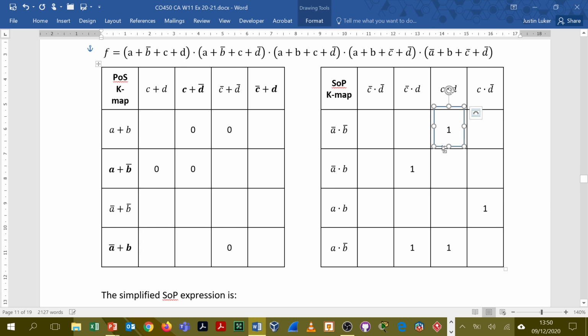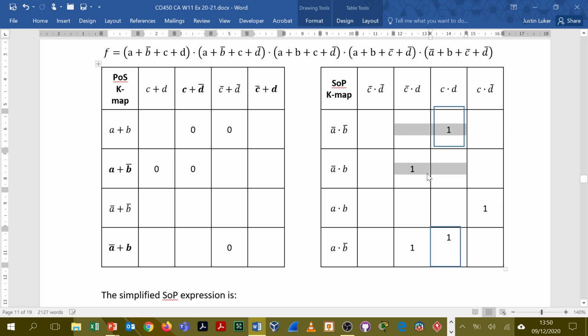And this one, so we can make a group of 2. This one, I can't do anything with; that one's going to have to stay on its own. And this one, again, there's nothing to combine it with.